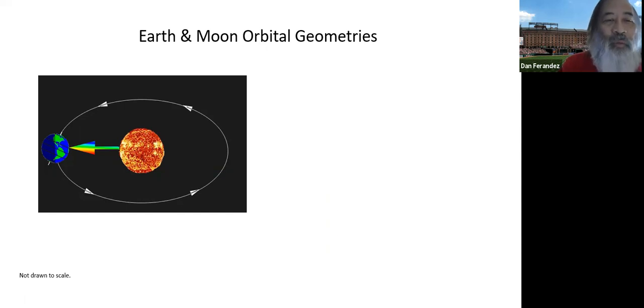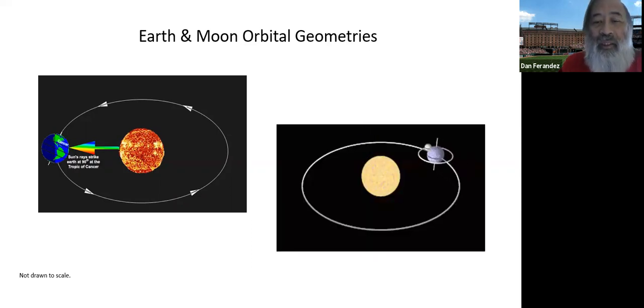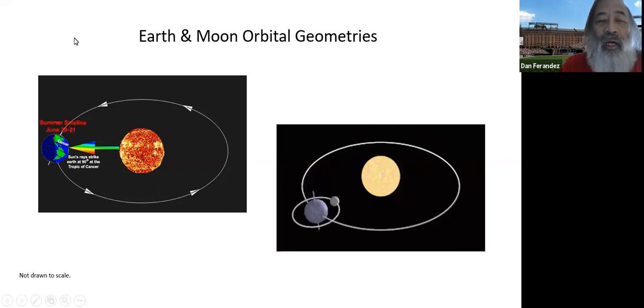Over here, this shows our Earth's orbit around the sun. And basically this is what allows us to have our seasons. I was going to talk a little bit more about this, however, due to lack of time, let me just go on to the next point, where in addition to the Earth orbiting around the sun, we also have our moon orbiting around the Earth.